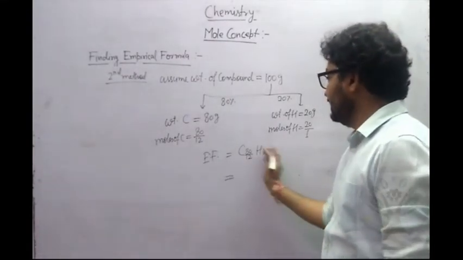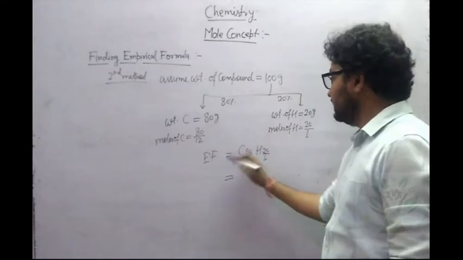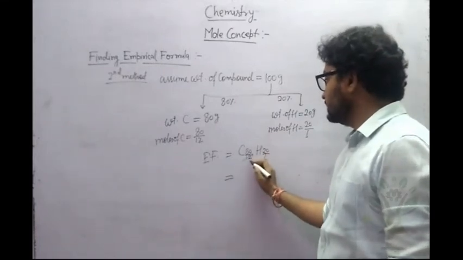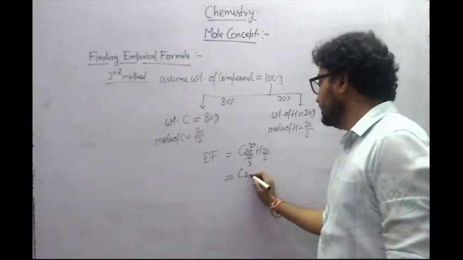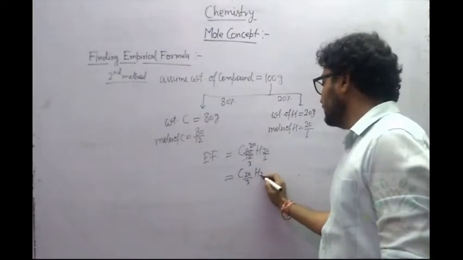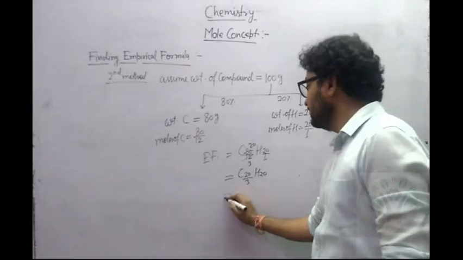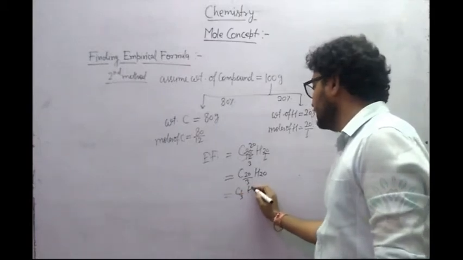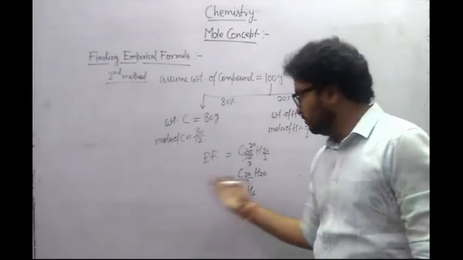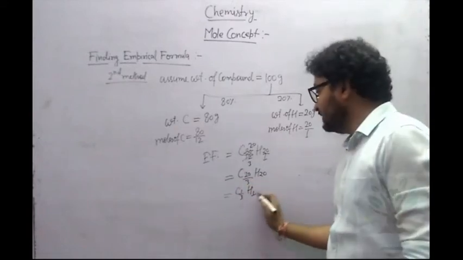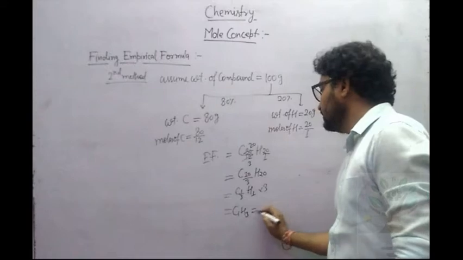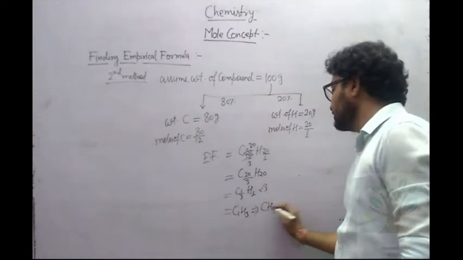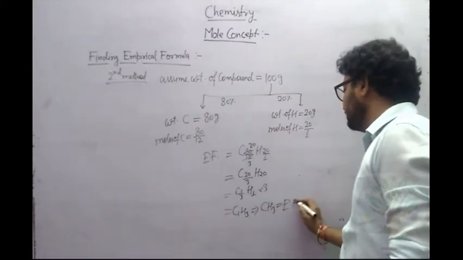How will I simplify? Divide everything by 20. Here it is coming 3, here it is coming 20, cancel by 4. So it is coming as C 20 by 3, H 20. Again you can divide it by 20. So it will come as C 1 by 3, H 1. Now multiply everything by 3. So I will get C 1, H 3. So the formula is CH3. This is my empirical formula.